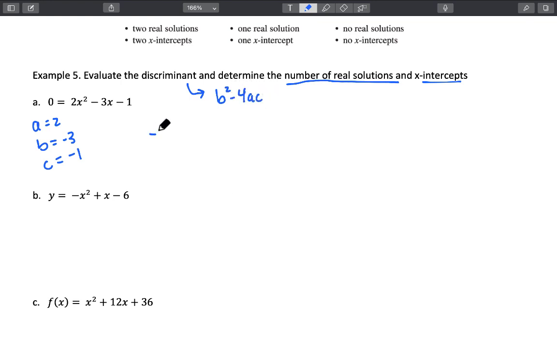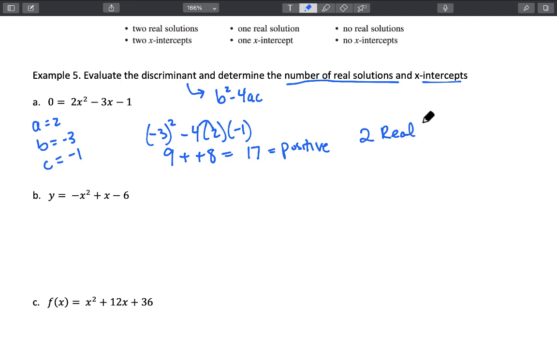So I'm going to take my -3 squared minus 4 times 2 times my -1. That gives me 9 minus, this is 4 times 2, which is 8 times a -1. That's -8. So that's 9 minus a -8 turns into plus positive, so that's 17. And this is a positive number. Positive numbers means that there are 2 real solutions.